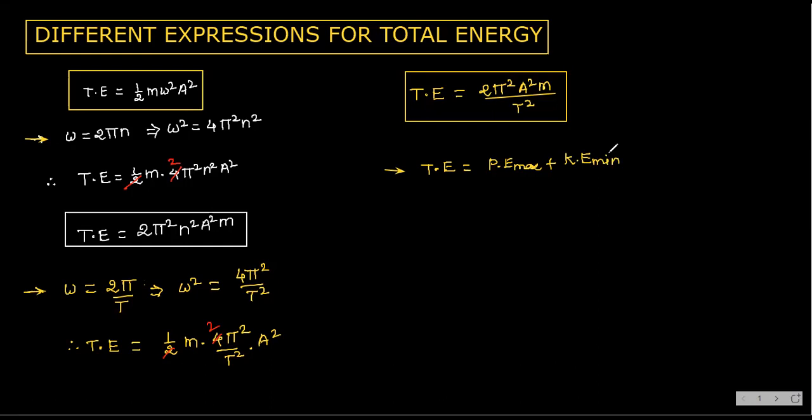So maximum potential energy plus minimum kinetic energy, or else you can write it like this also: minimum potential energy plus maximum kinetic energy. This is K max.